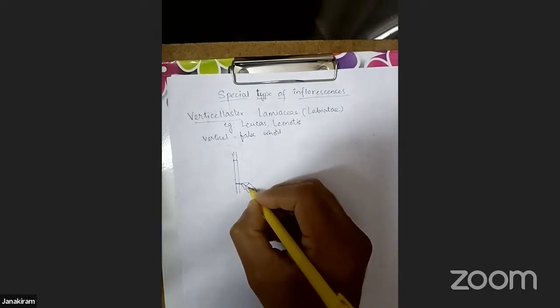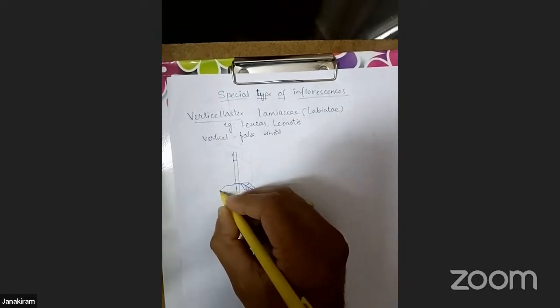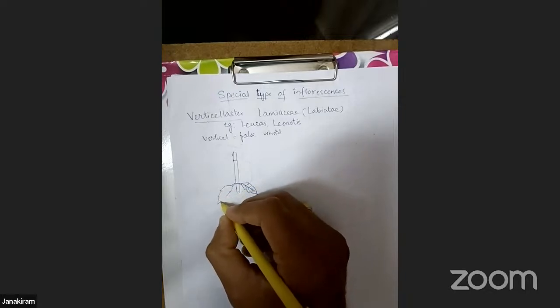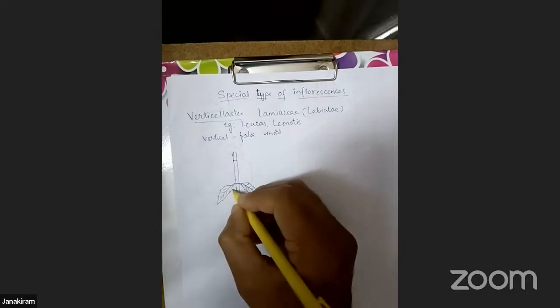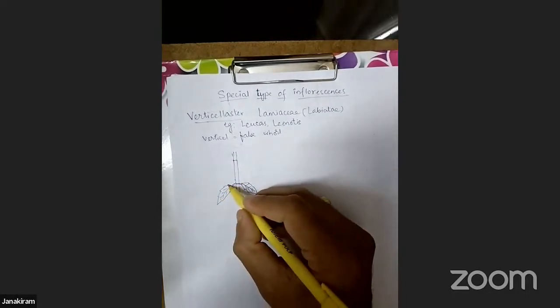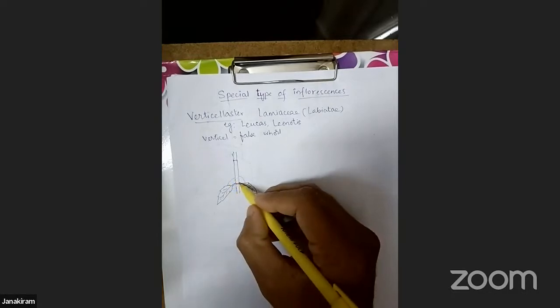So this inflorescence will arise from one node, from the axil of 2 opposite leaves. So the 2 opposite leaves are present. This is the axil of this leaf. This is the axil of this leaf. So from the axil of the 2 opposite leaves, the inflorescence will arise.